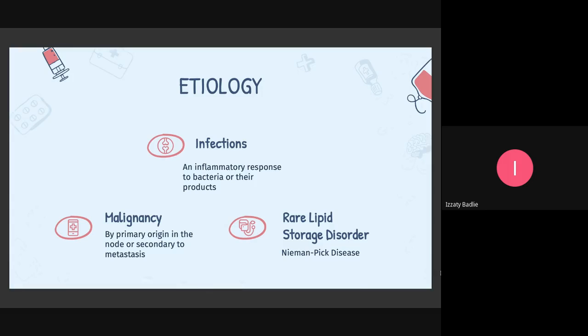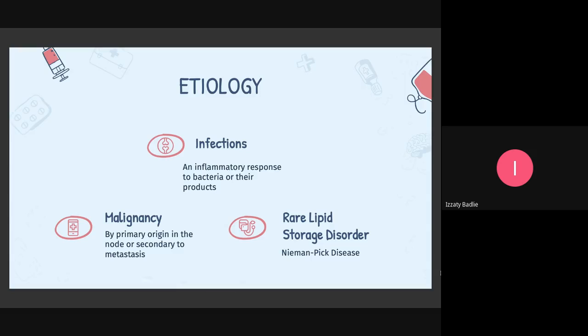The etiology, as has been mentioned before, is caused by infection, inflammation, or malignancy. By infection, lymph nodes have lymphocytes. These lymphocytes filter the lymph fluid.